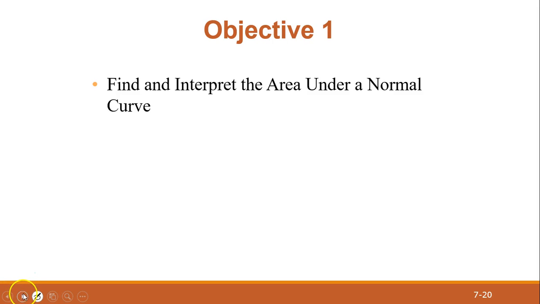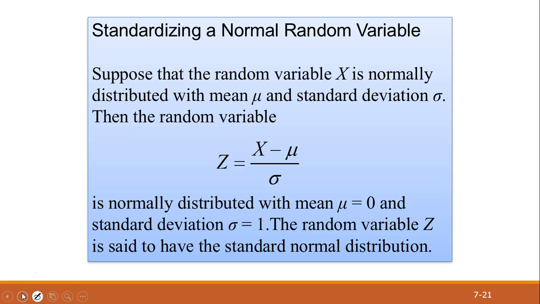So our first objective in this lesson is to find and interpret the area under the normal curve. Standardizing a normal random variable is how we do it. Suppose that a random variable x is normally distributed with the mean and standard deviation given. Then we can find our z-score, and this is normally distributed with a mean of 0 and standard deviation of 1.